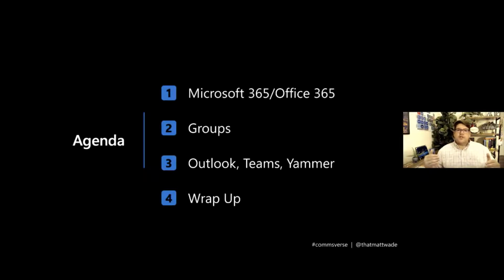And yes, groups surface in other apps like SharePoint and Planner, but we're going to talk a little bit about how those are second level group connected apps. And after that, I'll run through some wrap up information, including providing a bunch of resources for you so you can use these and bring them back to your organization. I have a bunch of infographics, a bunch of blog posts, and other links that you can take back, in addition to the slides themselves.